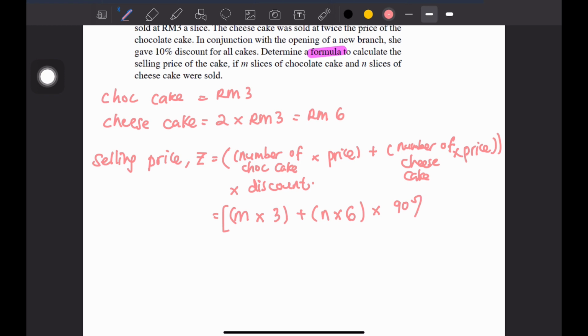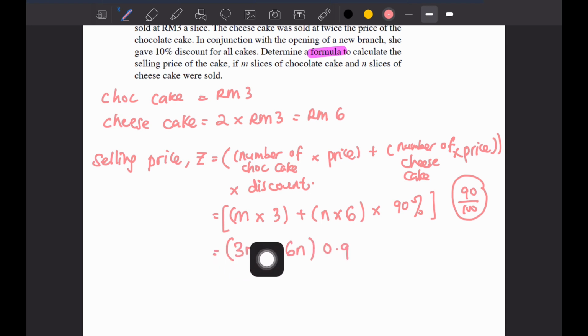Here, 3 times M is 3M, plus 6 times N is 6N, and 90% is actually 90 over 100. Press your calculator: 90 over 100 is 0.9. So we know that this is the formula for the selling price.